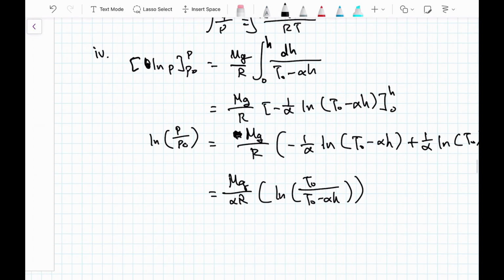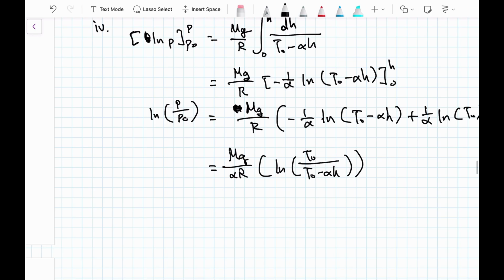And I think what we can do here is, we want to find the function of pressure in terms of height.